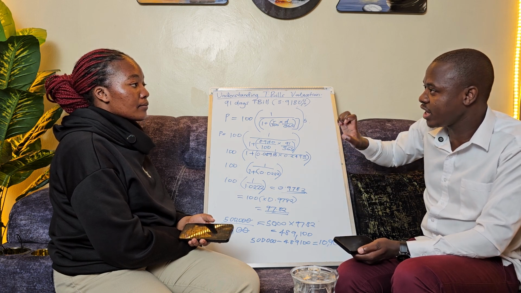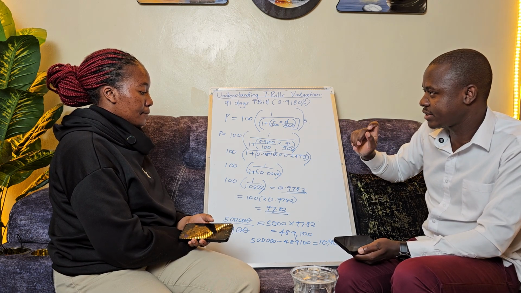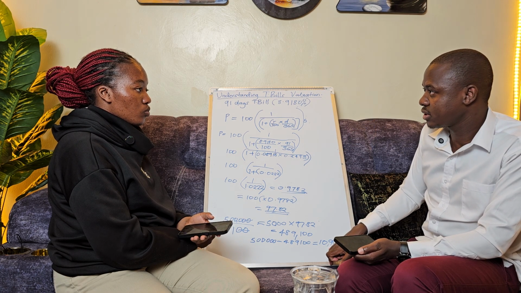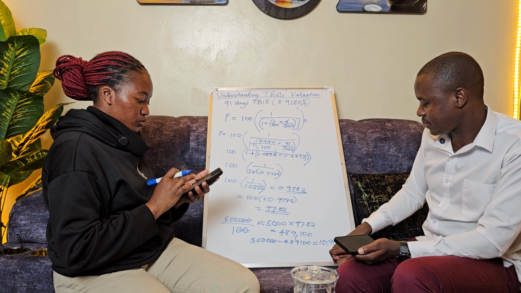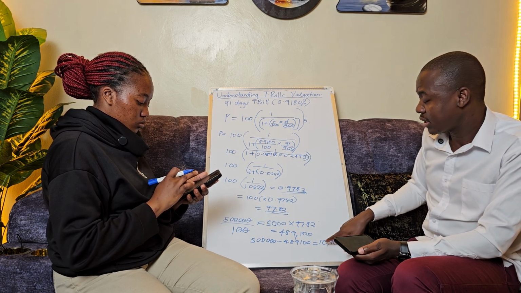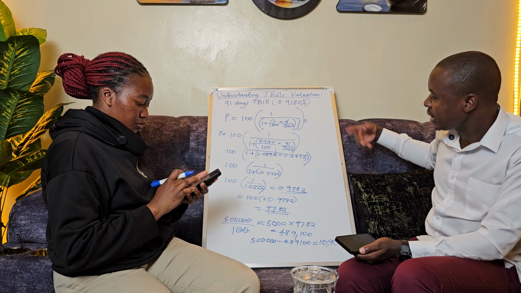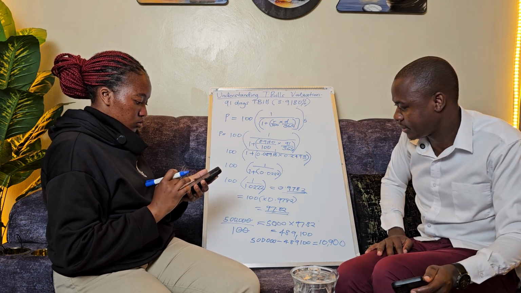But because any interest income attracts a withholding tax of 15%, we are going to get 15% of this. So that one will be 0.15 times this one.